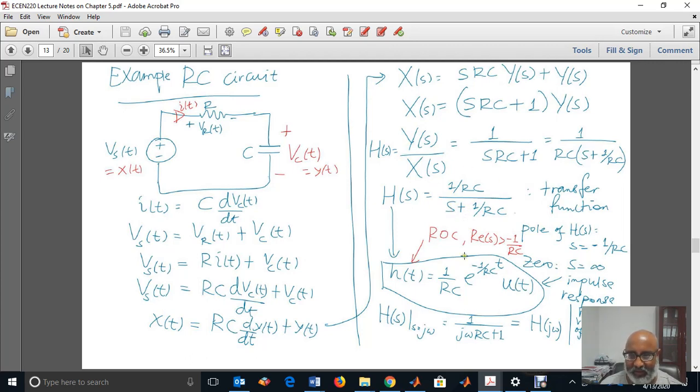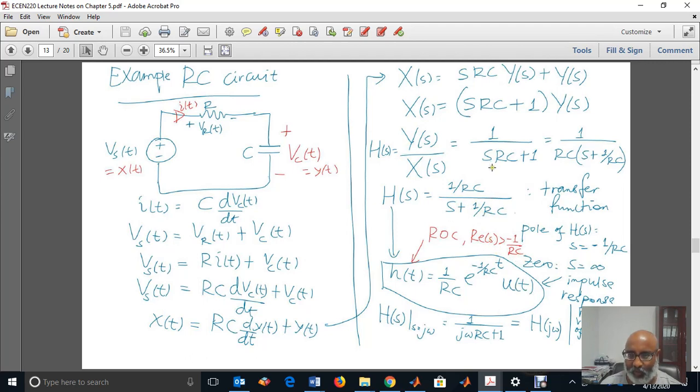Most of the time we deal with causal LTI systems, linear time invariant systems, for t greater than 0. This means a right-sided signal, and the region of convergence includes real of s greater than negative 1 over RC.